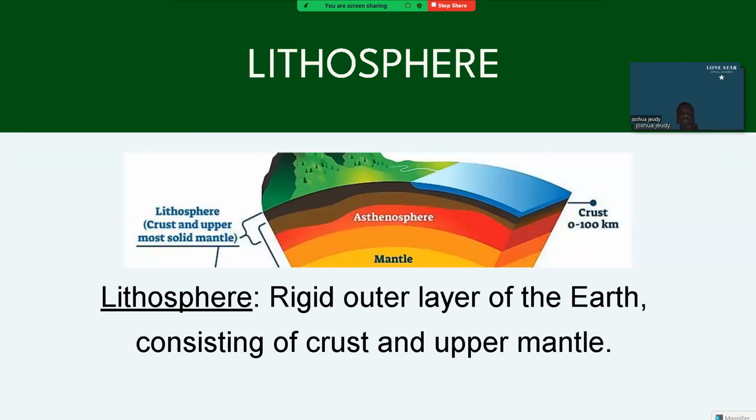So if you understand what the lithosphere is, that solid, hard stuff going all the way down, including the ocean's crust, all the way down to that top part of the mantle, then we can understand what is going on in relation to the tectonic plates.